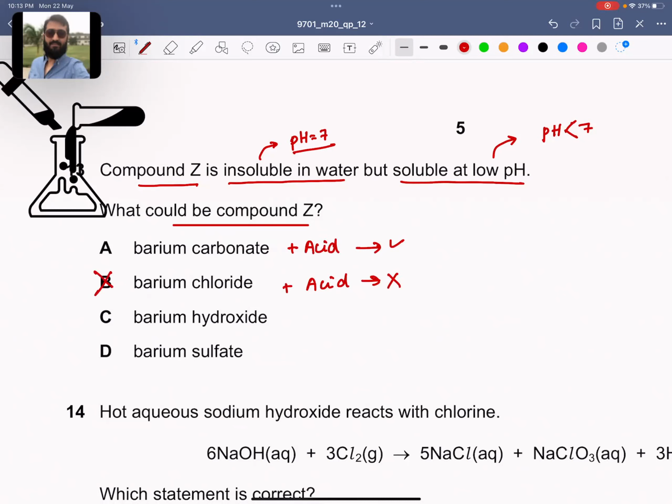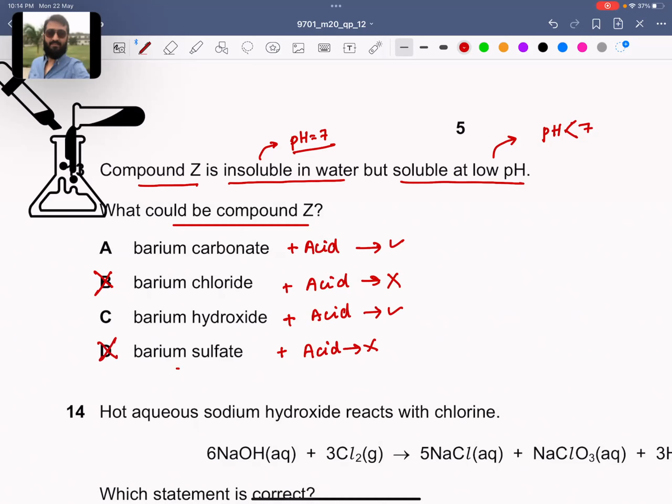So B goes wrong. When we talk about barium hydroxide, it also reacts with acid. Barium sulfate is insoluble in water and it also doesn't react with acid as well. Okay, so B and D are completely wrong.